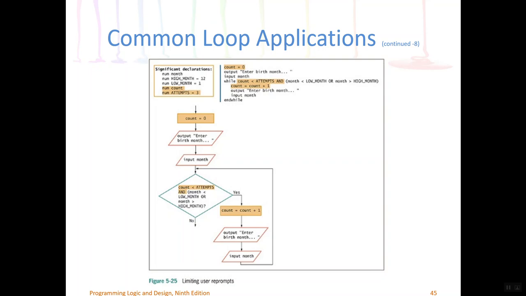But once count is no longer less than 3, in other words, they have typed the wrong birth month 3 times incorrectly, we'll go on. Now it doesn't show us what we're going on to, but we'll exit this loop.